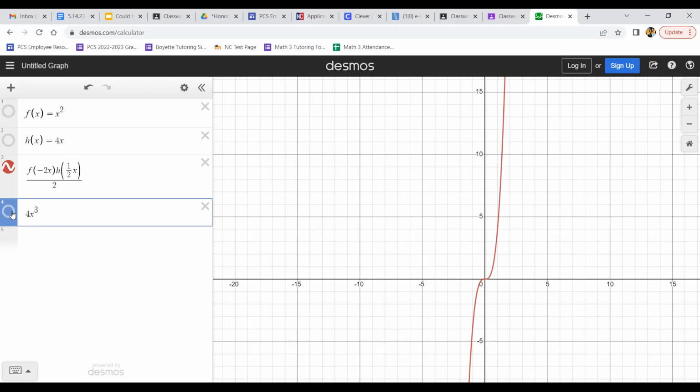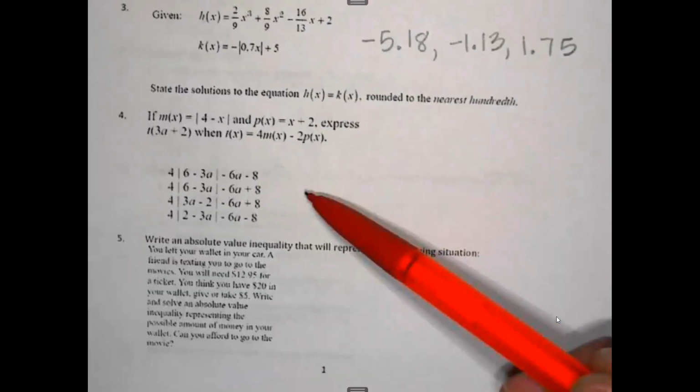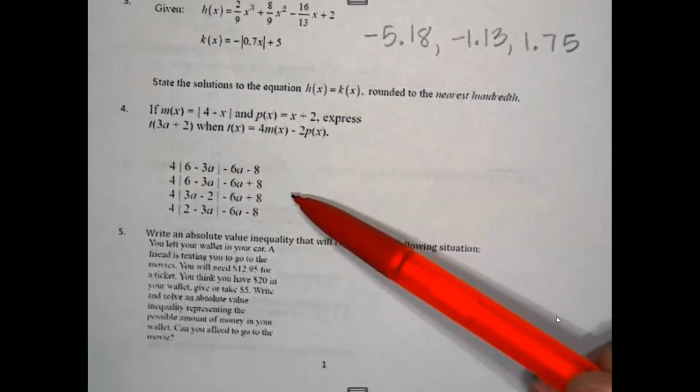All right, now the one that I want to show you that doesn't quite work that way is number 4. Can somebody tell me why number 4 does not work that way?